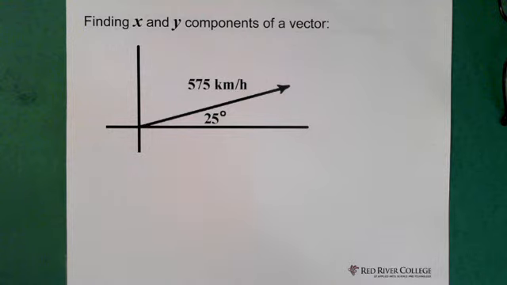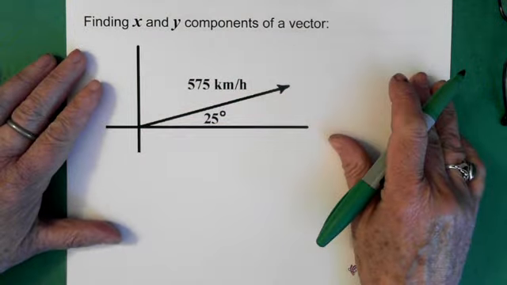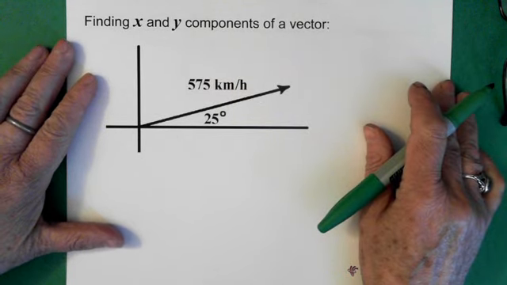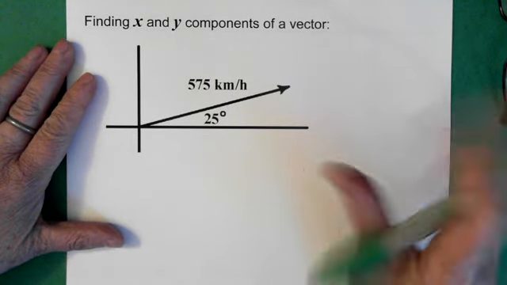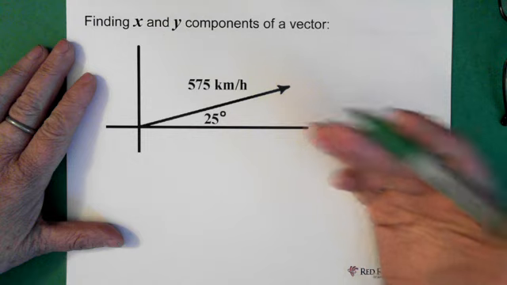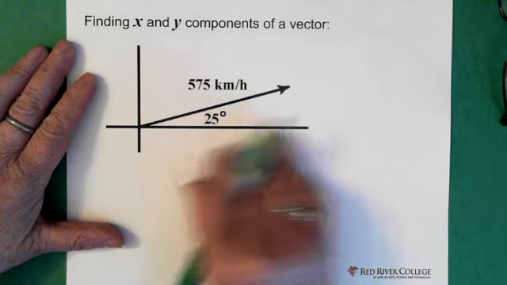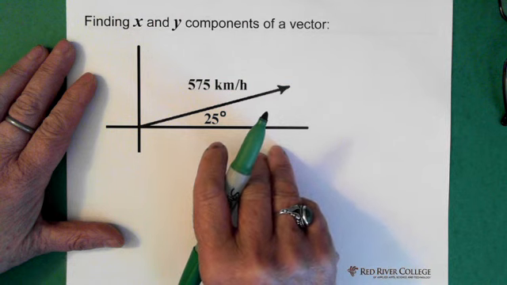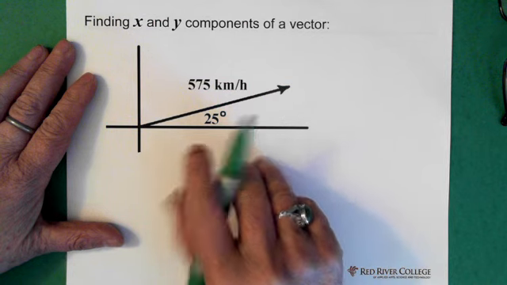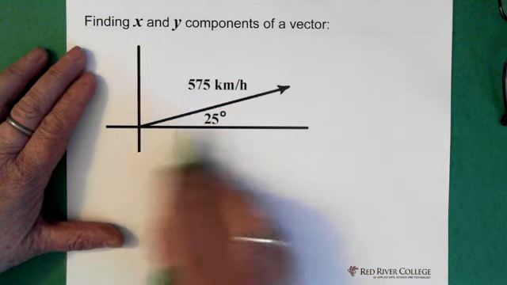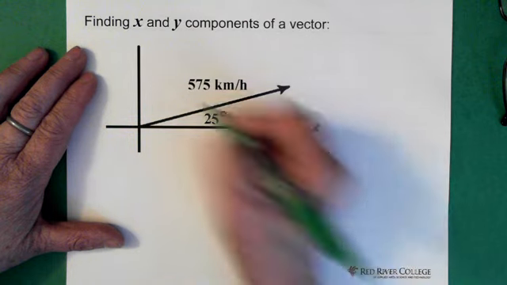Now, normally when you're working with vectors, you have more than one vector, and you're typically solving for the components of those vectors in order to add them or subtract them. So right now I'm going to walk through solving for the components. We can see that it's on the X and Y axis.